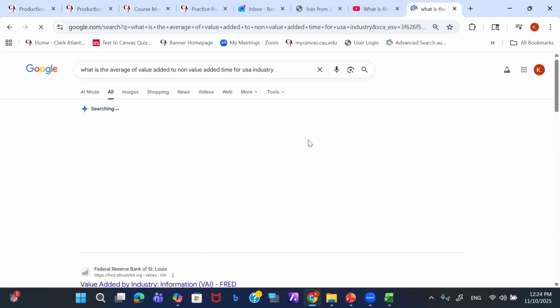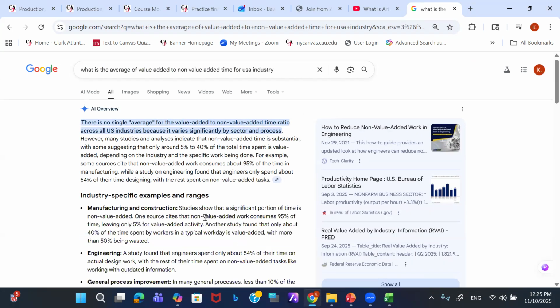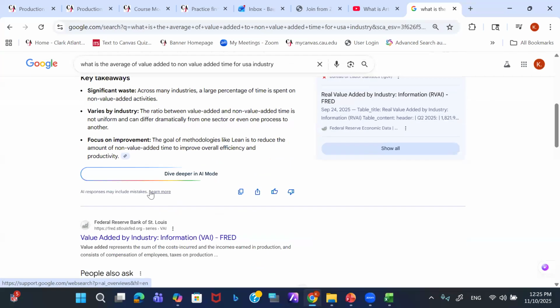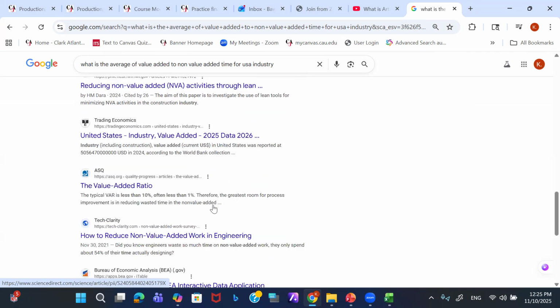I remember it's 1 to 70 something. There's no single average, but some sources give one. This is reducing.